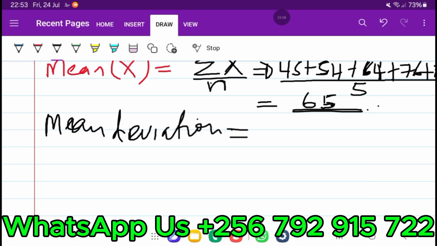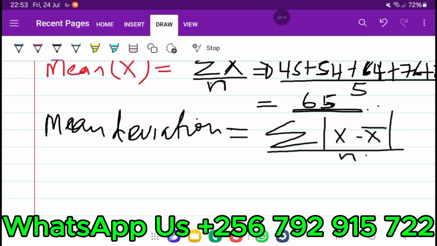So we say the mean deviation is going to be the summation of the absolute of x minus x bar, we have gotten our x bar, divided by n. So I'm just going to subtract this information. I'm looking for the absolute.